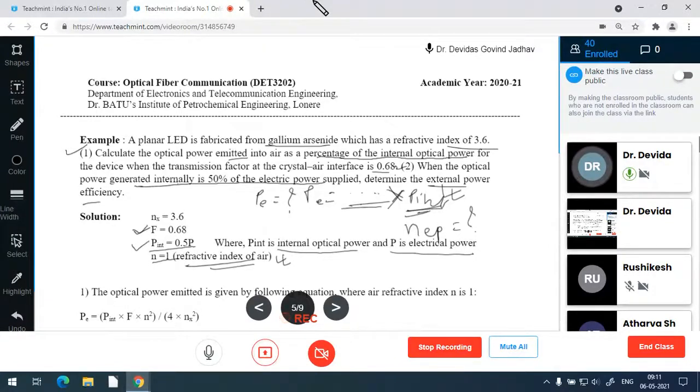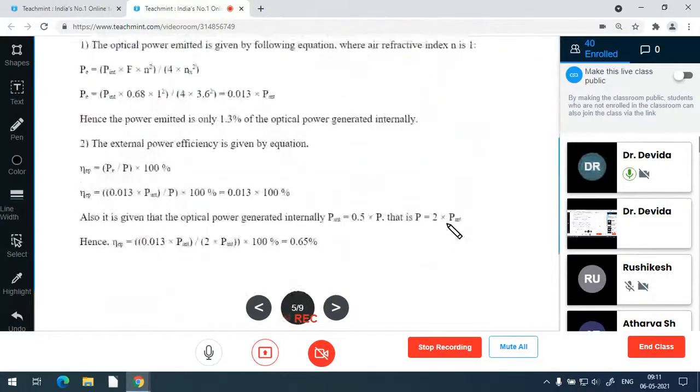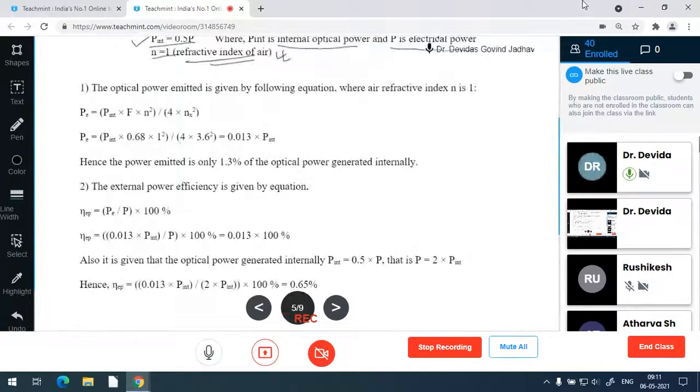So let us check what the formulae are for these. The optical power emitted, PE, is given by the equation where the air refractive index n is 1. The PE formula is P internal multiplied by F multiplied by n squared divided by 4 nx squared.